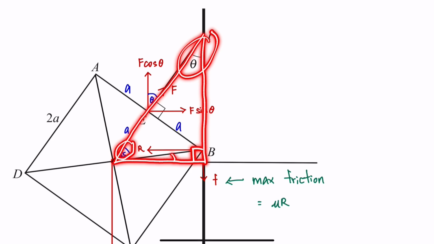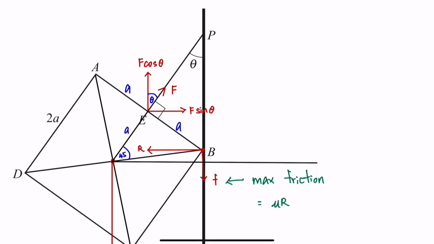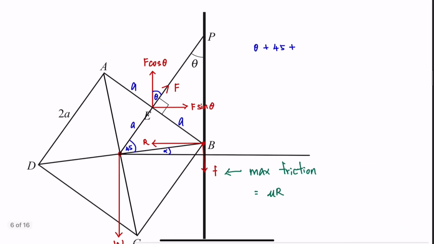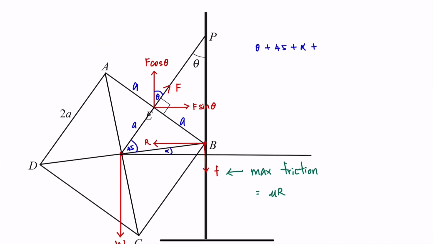And now we need to find this angle over here. So we can write theta plus 45 plus the angle that we want to find. Let's call it alpha for now. Plus 90 is 180. So alpha would be 45 minus theta.